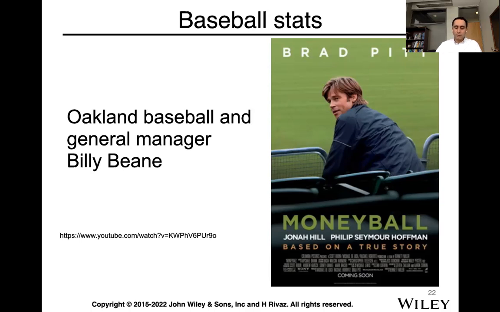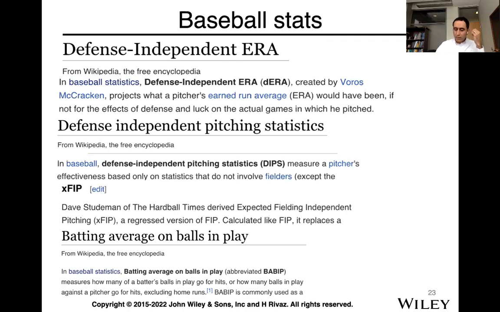I don't want to spoil the movie, but basically for the longest time, general managers were buying players based on their gut feeling. Then one general manager came and decided to quantitatively calculate the value of every player based on some stats. He started calculating statistics and creating his team by optimizing those statistics.